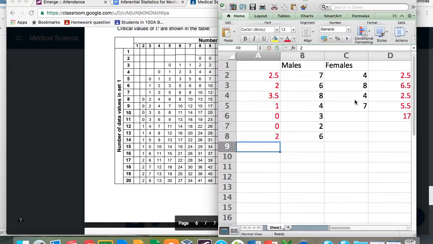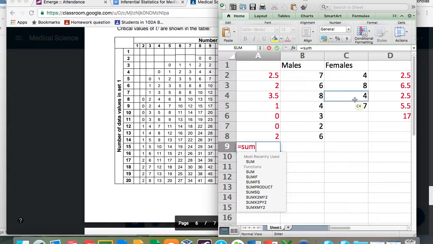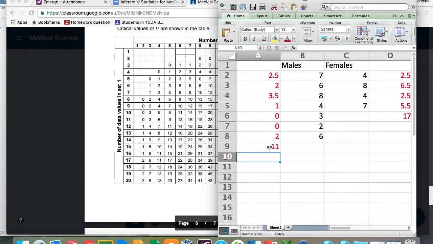Add all of those up, we get the value of 11. What we're actually interested in here is, is it less than the critical value? So the critical value again was for 7 by 4. It had to be less than 3, so we don't have a significant difference in those.